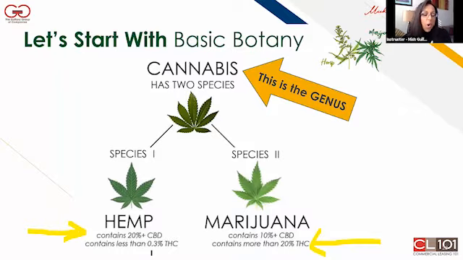A lot of folks put that zero in there, 0.03. It's 0.3% or less THC, then we will classify that cannabis as hemp. Anything higher than that, and it's marijuana. And marijuana really does start off pretty high on its THC percentages. It's also got some CBD in it, but again, that's not what makes it illegal.